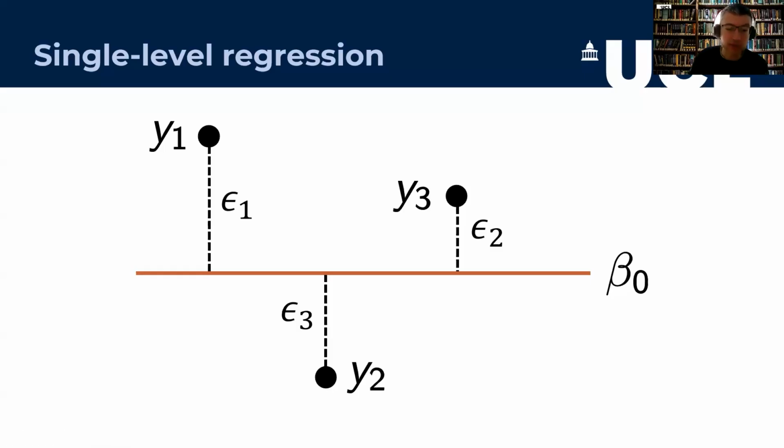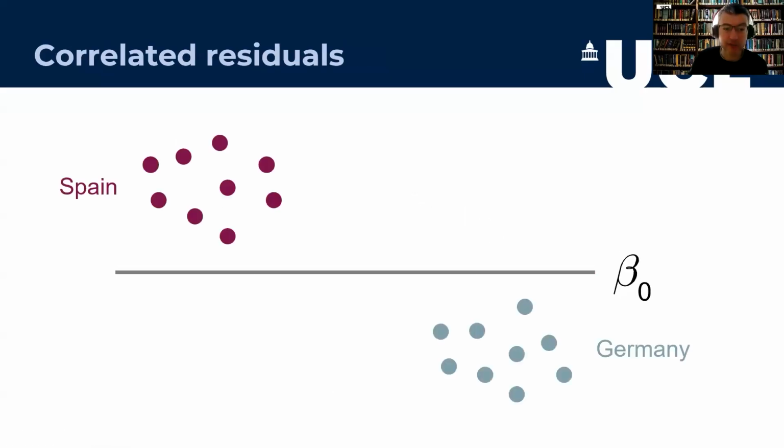What happens when we have correlated residuals, and therefore subjects coming from different countries in this case? So let's assume that not only do we have these observations, but now we are also introducing a level, or a grouping, of these observations.